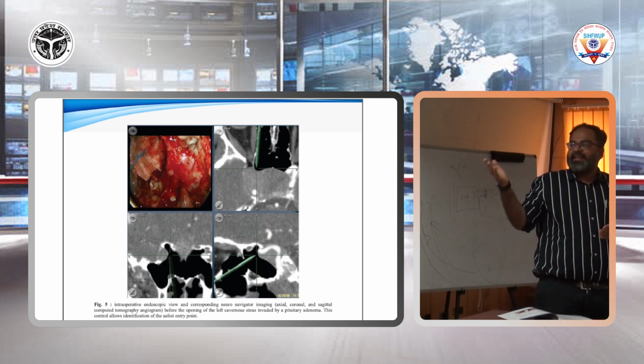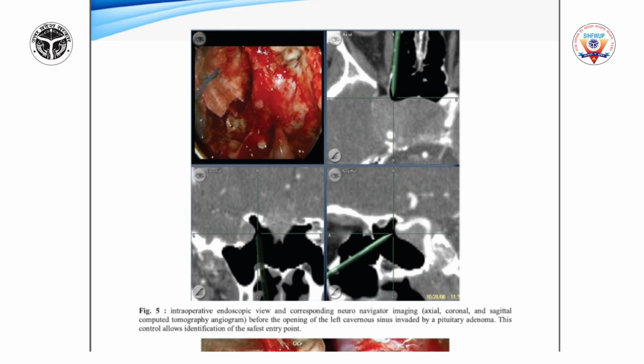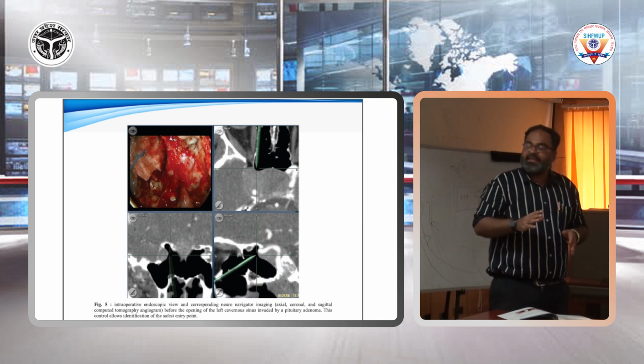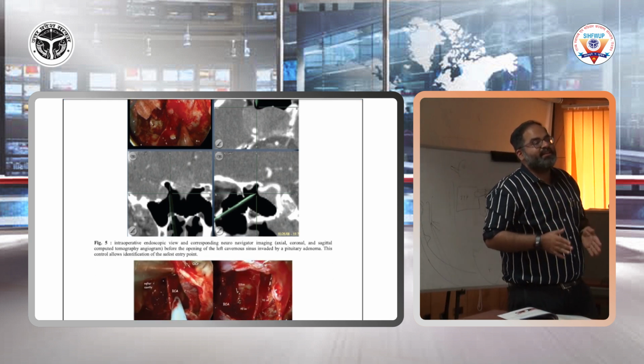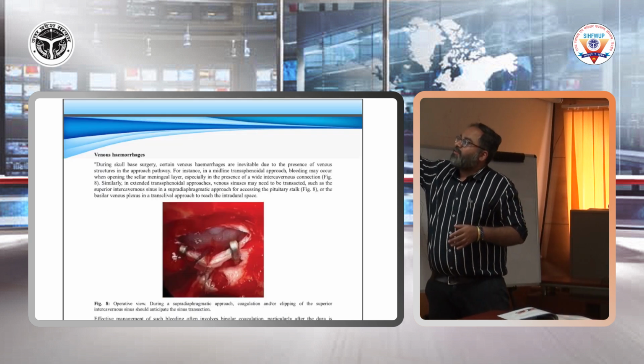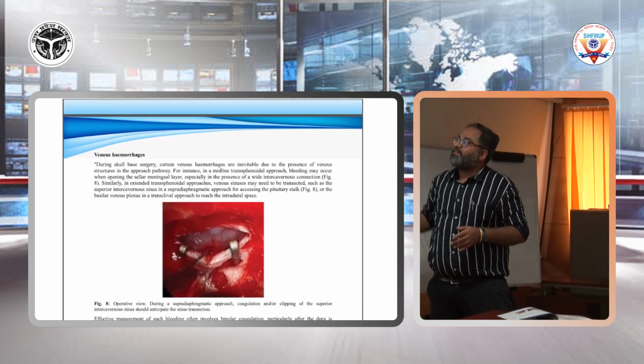So if there is a dehiscent carotid artery, which can be seen here, or a dehiscent cavernous sinus, one can be very careful in preventing such complications. And as a surgeon, what we have learned is, try to read the CT yourself, don't be dependent on the radiologist.